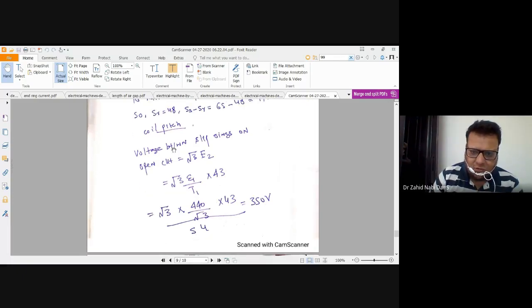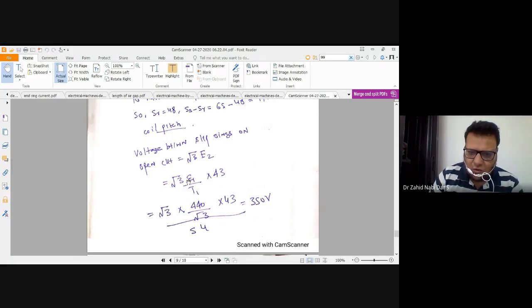So I have calculated this as your rotor voltage. Rotor voltage depends upon your stator voltage and the number of turns, and this is your line voltage, root 3 into E1 divided by root 3 into this 43.